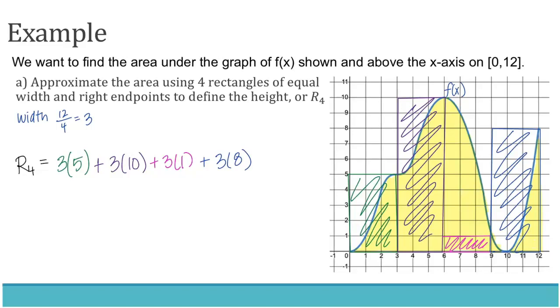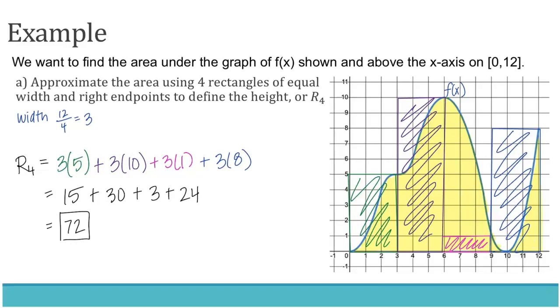So I can now go ahead and say 3 times 5 is 15, 3 times 10 is 30, 3 times 1 is 3, 3 times 8 is 24. So I have 45, 48, and 24 is 72. So an approximation for the area under the curve and above the x-axis on 0 to 12 using right endpoints and 4 rectangles is 72.